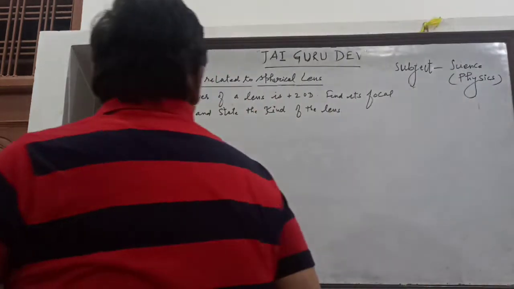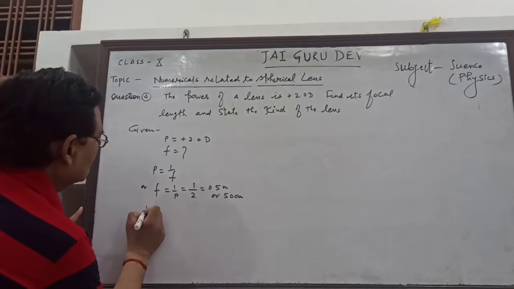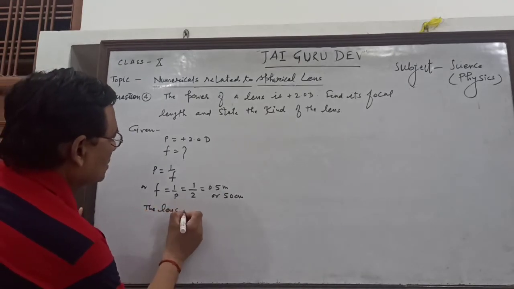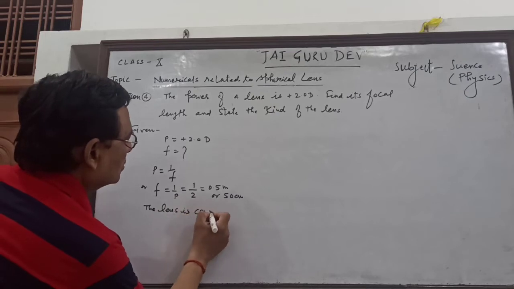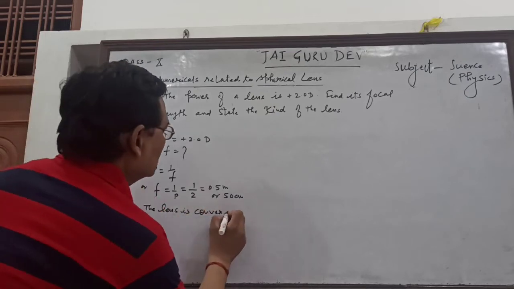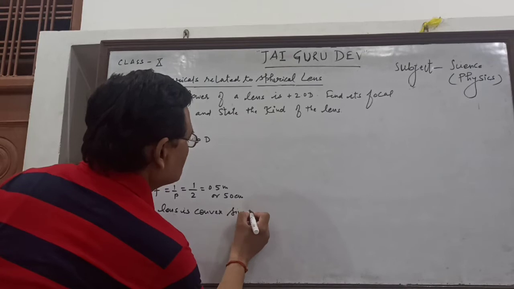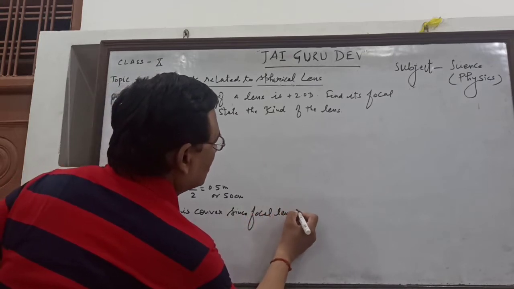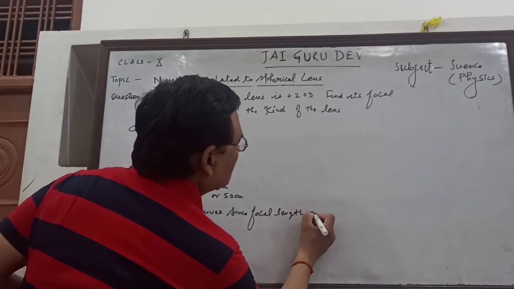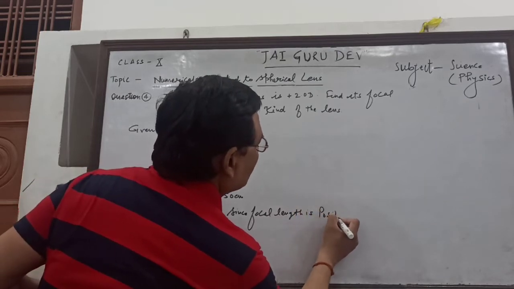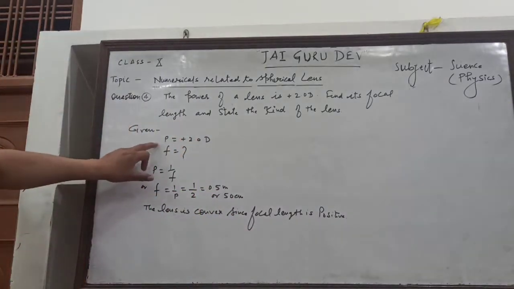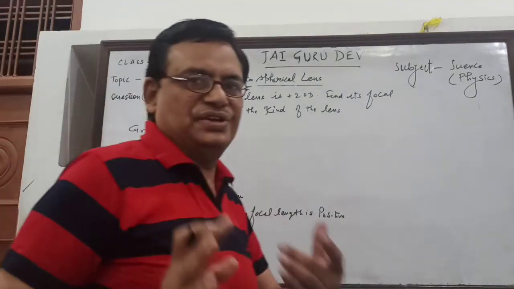So you will write the lens is convex since focal length is positive. And you can also say that power is positive.